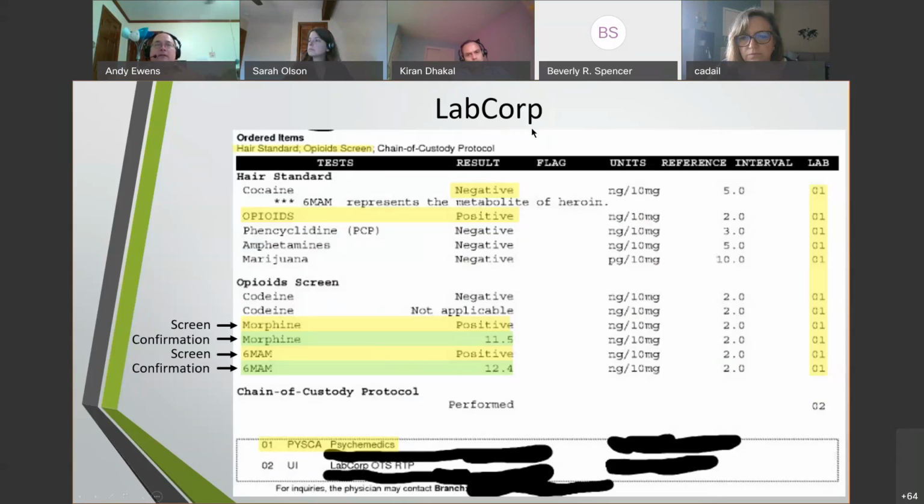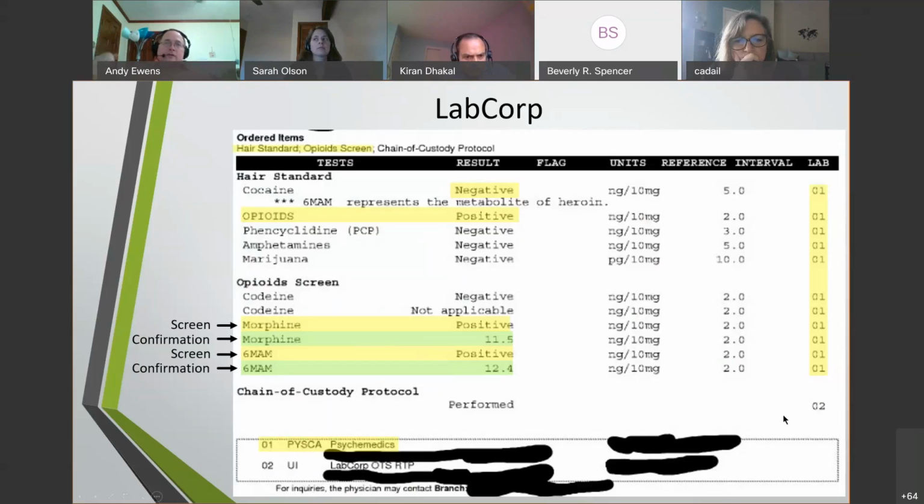LabCorp doesn't actually do their own testing for hair sampling. So we've got hair, and LabCorp is reporting it, but if you look over here under lab, they note that all of these tests were done at lab 1, and the chain of custody protocol was done at lab 2. So lab 2 is actually LabCorp.